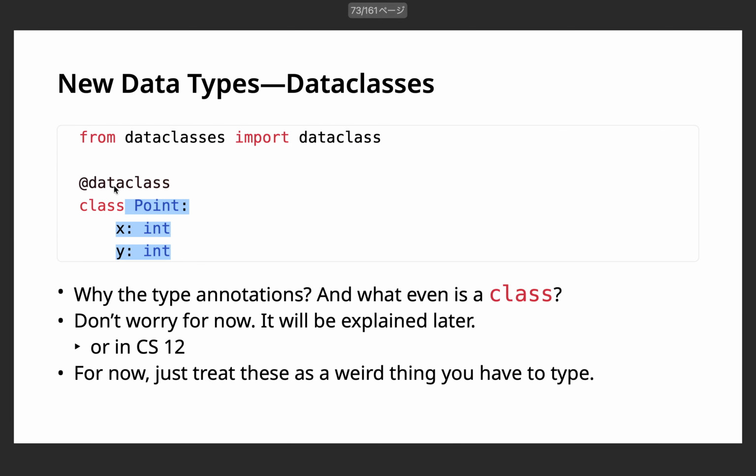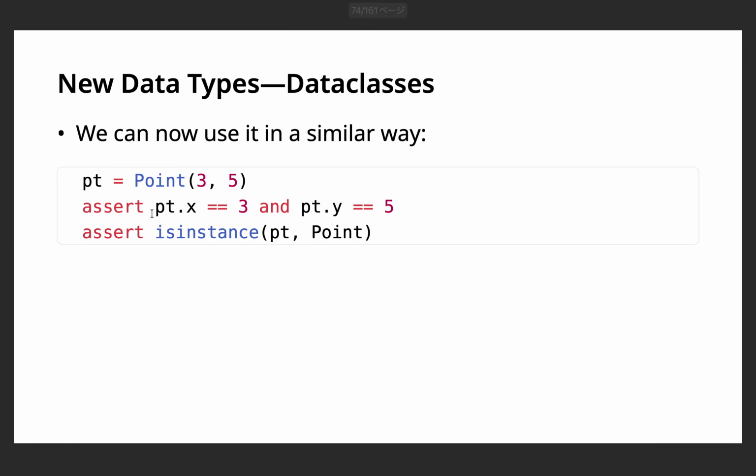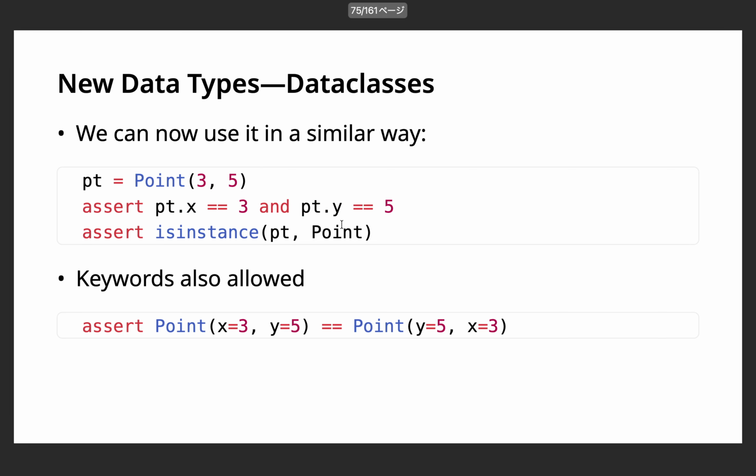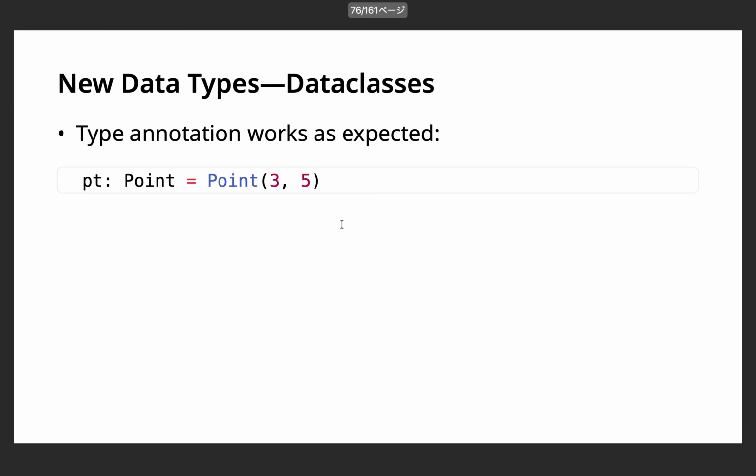And if you want to use that type, it's pretty much the same thing. You instantiate an instance like this, and you access the field values like this. Okay? So aside from that, since this is a type, you can also use it for type annotations. So if this is a point, then yung type niya is, well, Point.